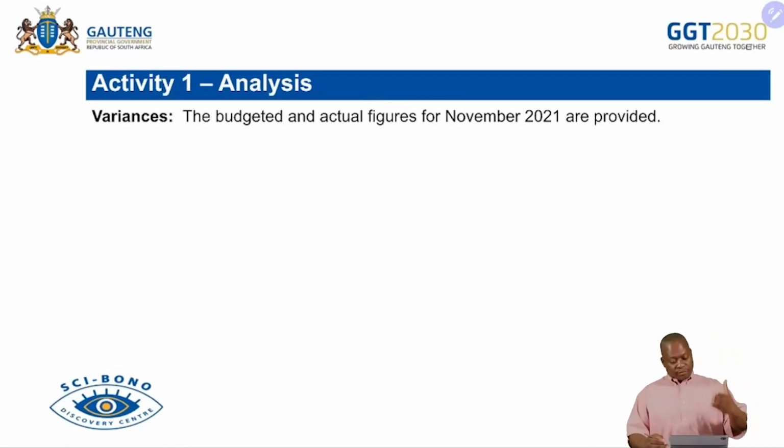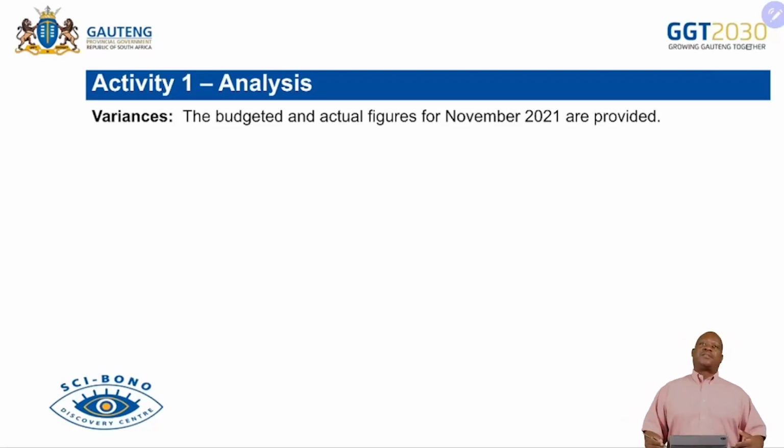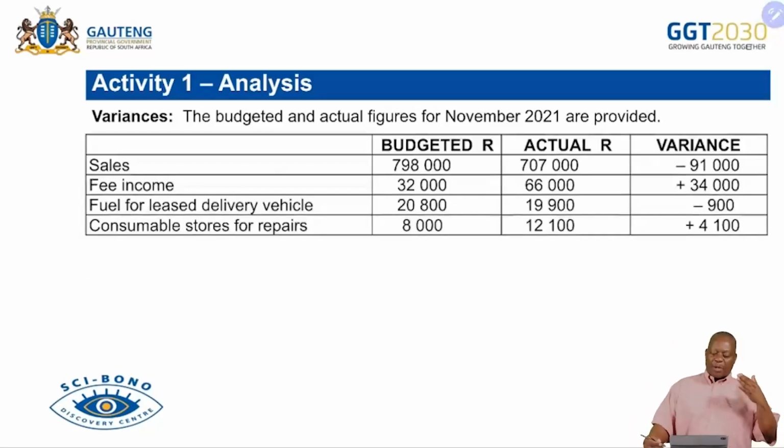Now, let's look at another part. This time we are looking into variances. Remember, what are variances? Differences between the actual and the budgeted figures. So we are given these 4 items: sales, fee income, fuel for leased delivery vehicle, and consumable stores for repairs.